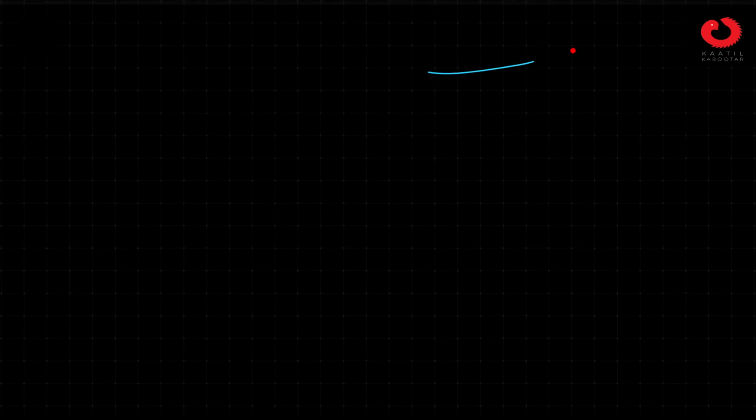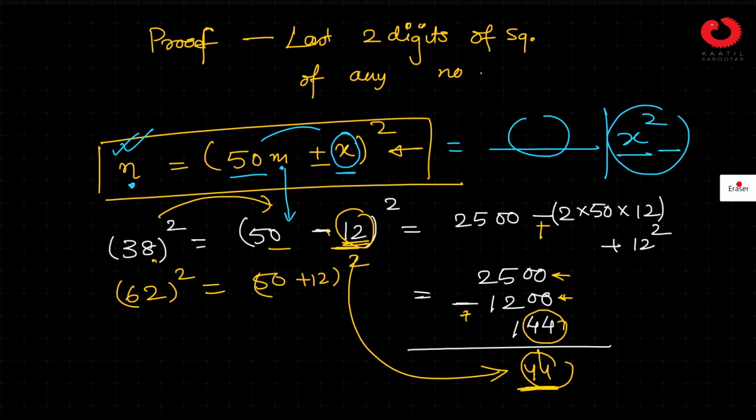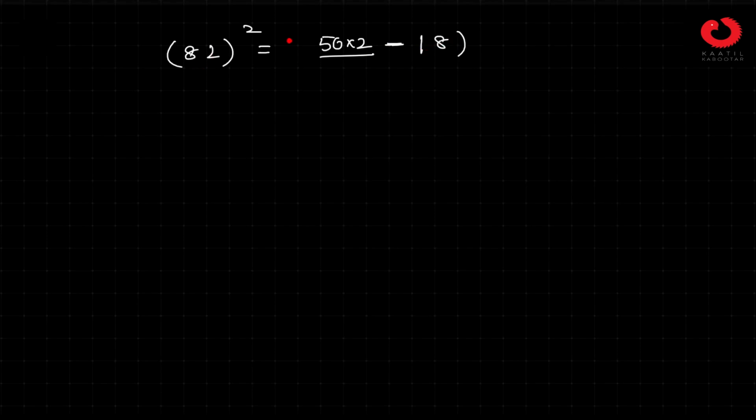Now our next example is, suppose we are taking the number 82. So 82 square can be written as (50 into 2, which is 100, minus 18) whole square. You can see that the same pattern forms, and at last you will get plus 18 square.